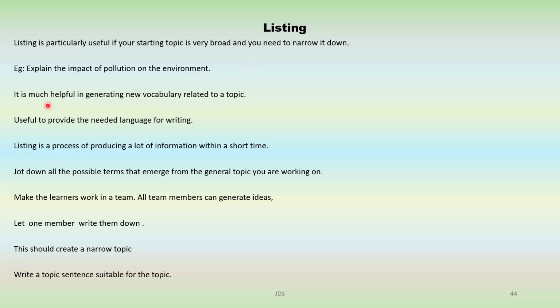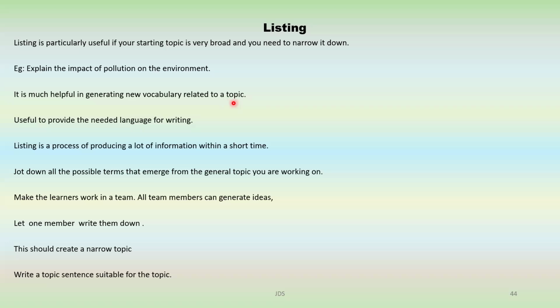It's very helpful in generating new vocabulary related to a topic. So a narrow topic will be the focus, and word choice, any lexemes or phrases connected to that topic can get brainstormed.